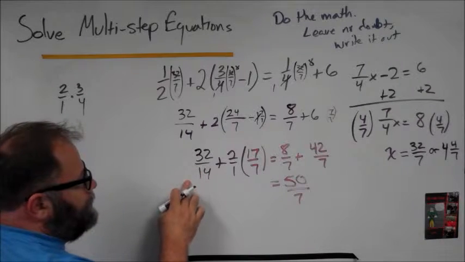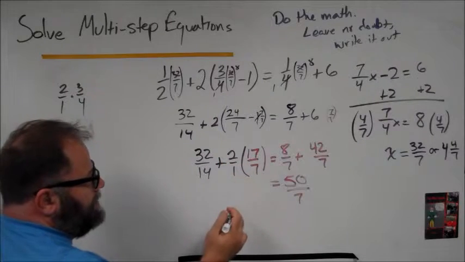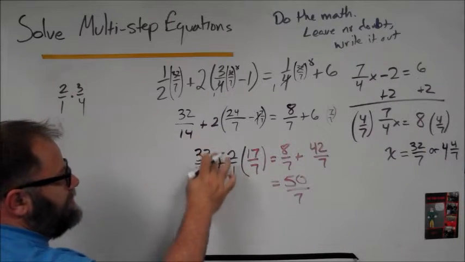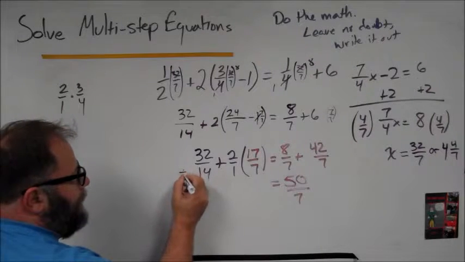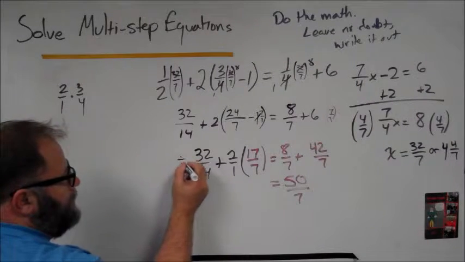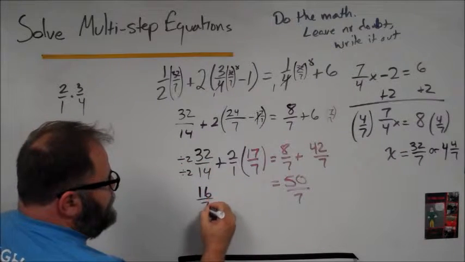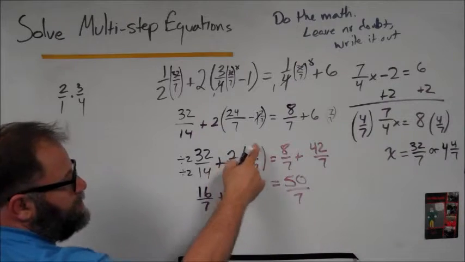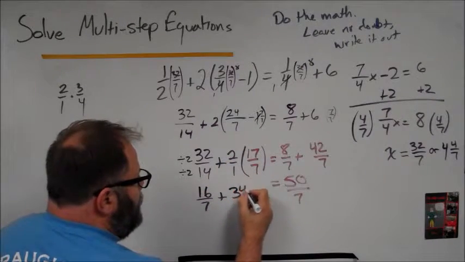And let's look over here at what we've got. We've got 32/14. And 2 times 17/7. Let's turn this into sevenths. So we need to divide by 2 and divide by 2. And that's going to give us 16/7 plus 2 times 17 is 34/7.